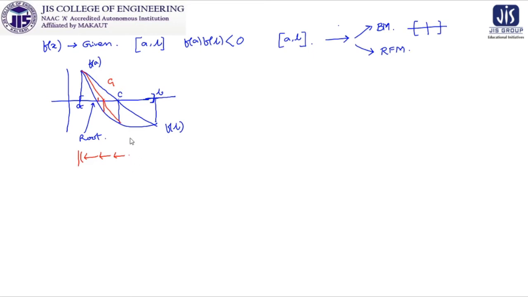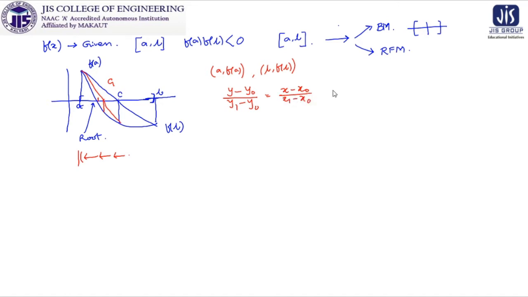This geometrical concept can be represented by finding the equation of this straight line. We know that if we have this point, we can write it as a comma f(a), and the next point, that is b comma f(b), then the connector of these 2 points can be written as (y minus y0) by (y1 minus y0) is equal to (x minus x0) by (x1 minus x0).